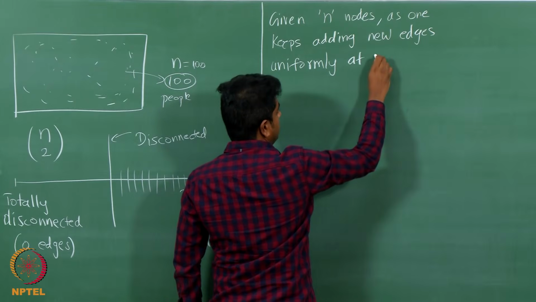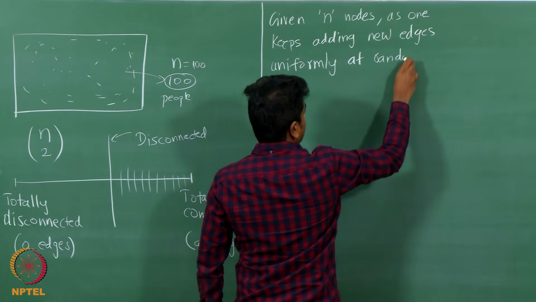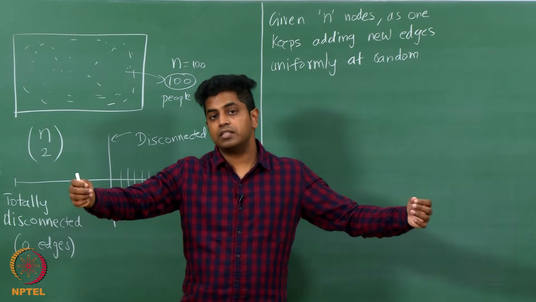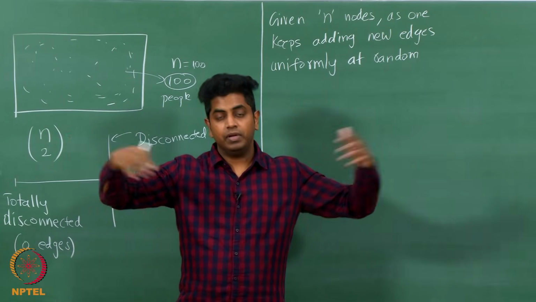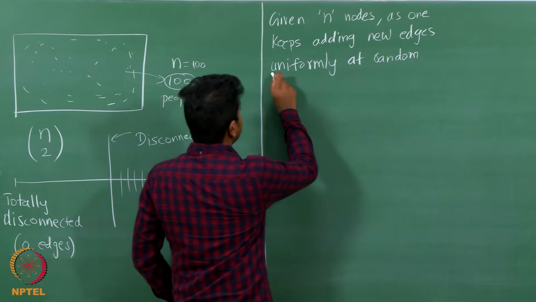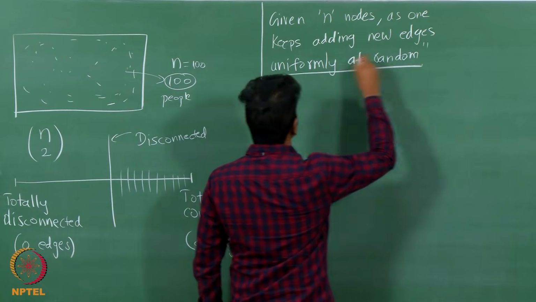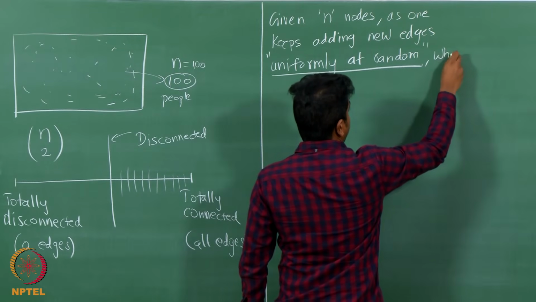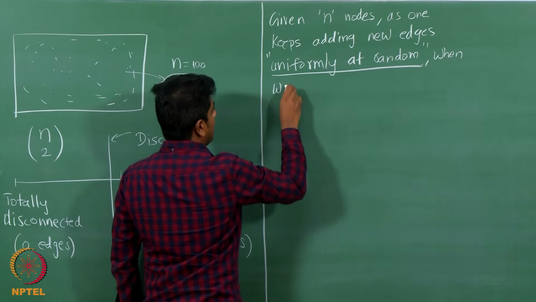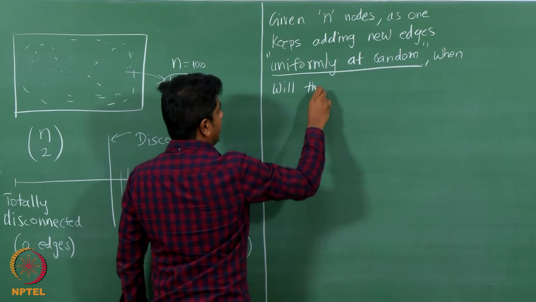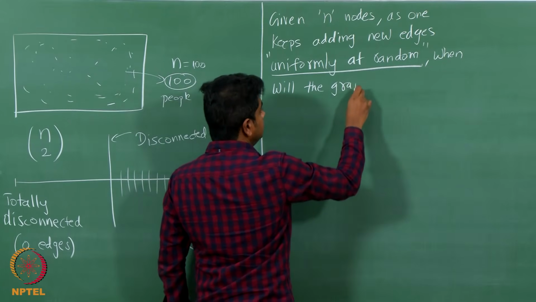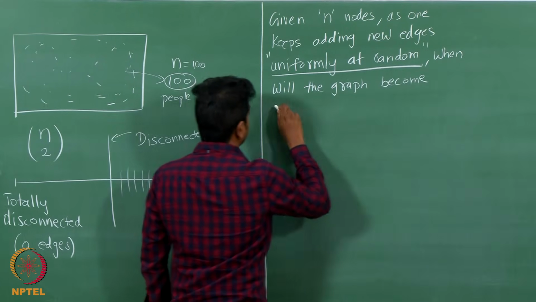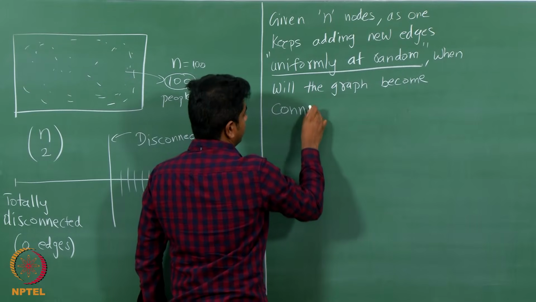By this I mean I do not have any preference for the edges, I keep putting edges uniformly at random, randomly basically. As I keep adding edges uniformly at random, when will the graph become connected?